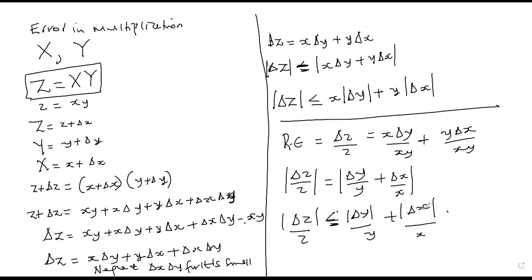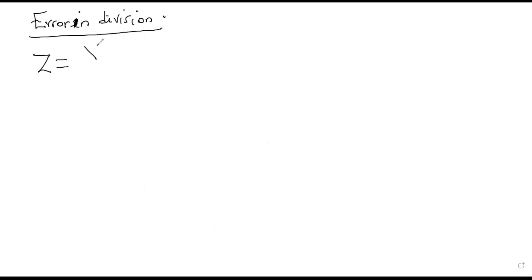Let's propagate in division, and we have general examples. Error in division, those formulas are examined, proving them is very much examined. So if we still have our z, I'm going to consider now x over y.